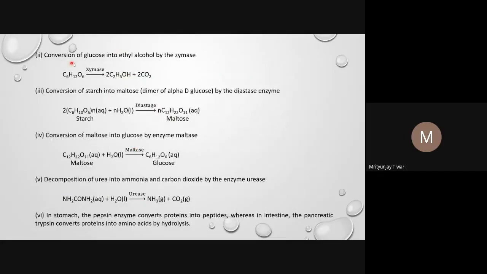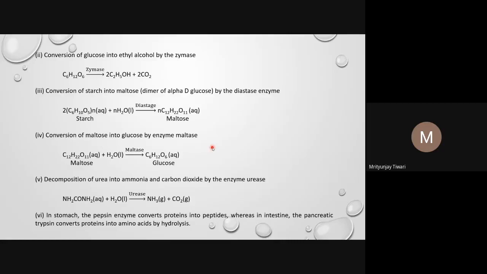Now you see another example, conversion of glucose into ethyl alcohol by zymase. These are simple reactions that we know, but of all the chemical reactions, oxygen binds to hemoglobin, a protein that carries it, and with the oxygen glucose is oxidized in our cells.